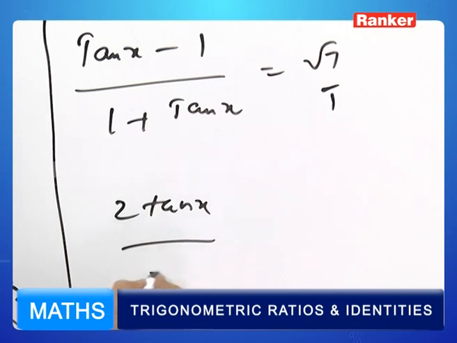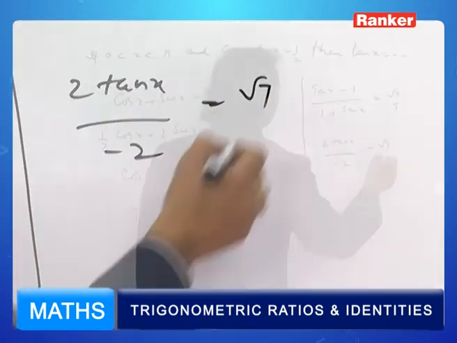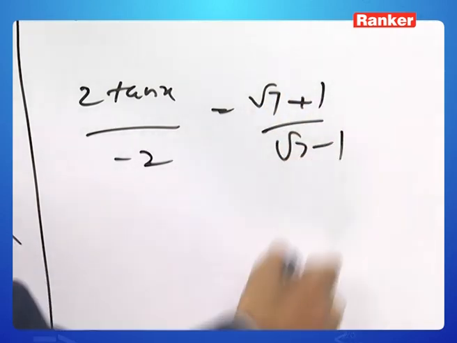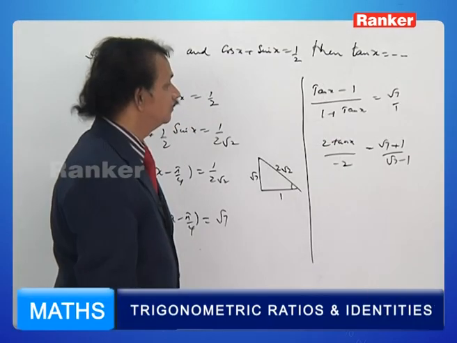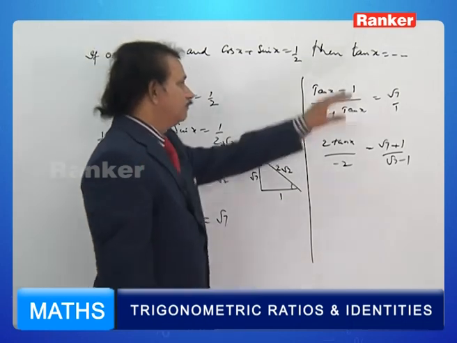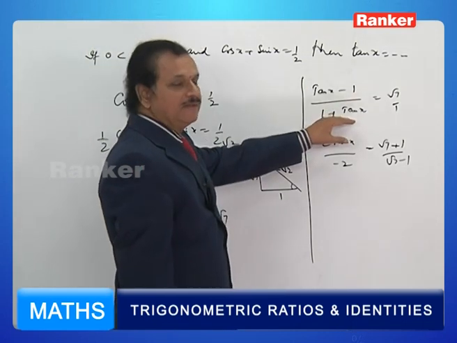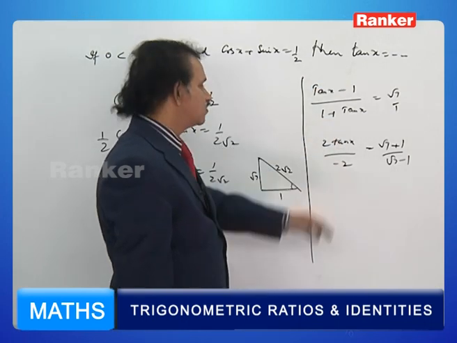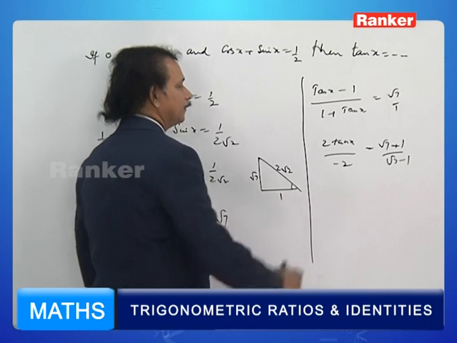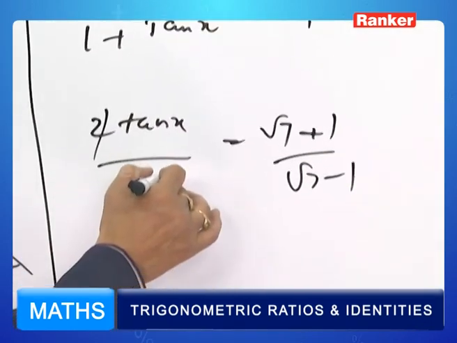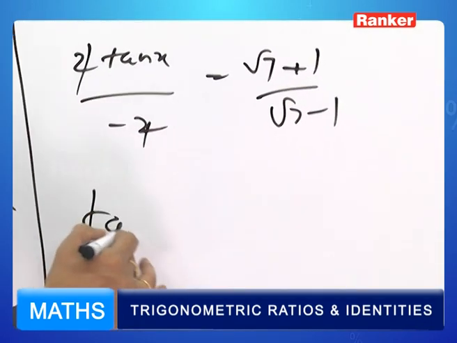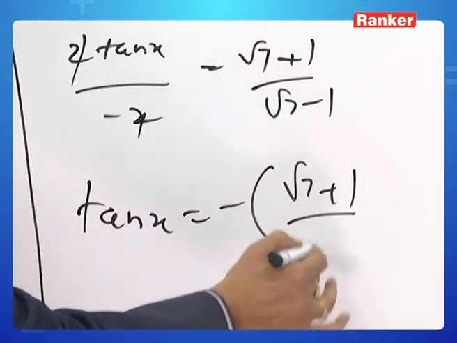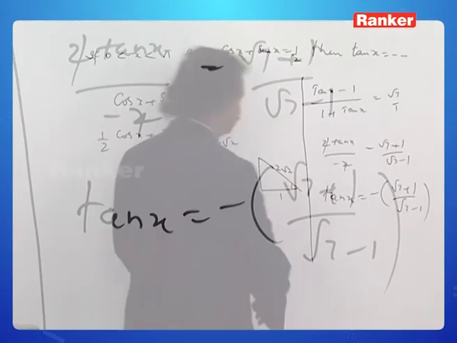This minus this is minus 2, is equal to (root 7 plus 1) by (root 7 minus 1). Are you sure of that? This plus this, 1 will be cancelled, 2 tan x. This minus this, tan x will be cancelled, minus 2 will be there. So 2 and 2 will be cancelled. Tan x is therefore equal to minus of (root 7 plus 1) by (root 7 minus 1).